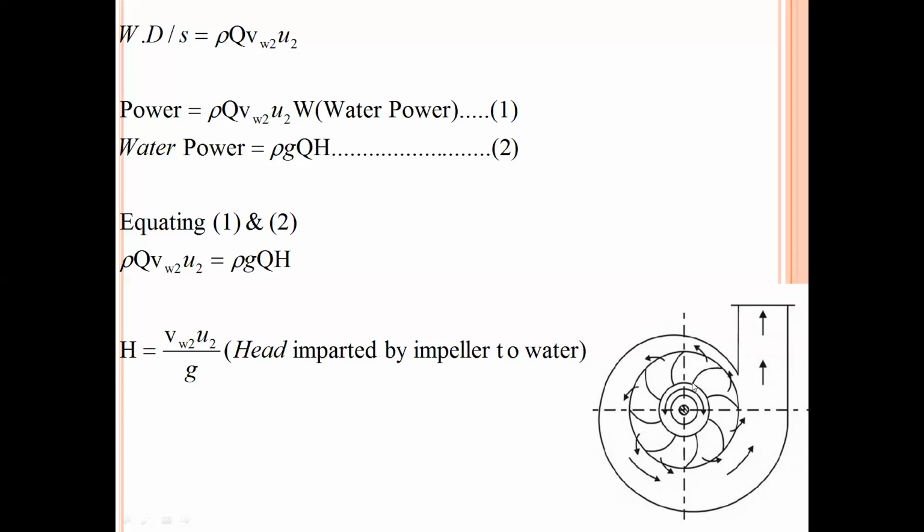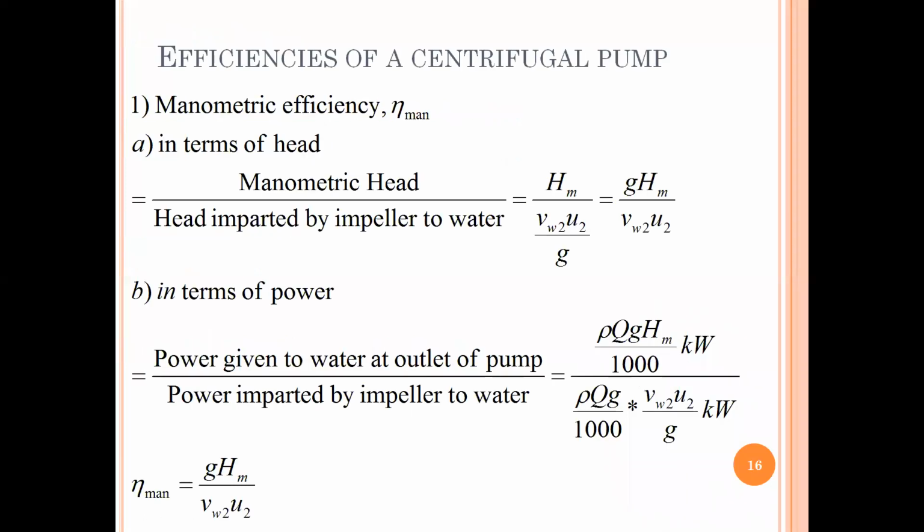As I switch on the motor, the shaft rotates, and because of the shaft rotation, your impellers are rotating, and because the impellers are moving, the water is flowing through. So the head imparted is at the impeller. At the impeller, what is the power? Water power. Now coming to efficiencies of centrifugal pump, there are three efficiencies: manometric efficiency, mechanical efficiency, and overall efficiency.